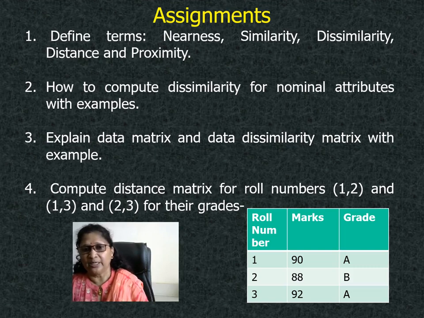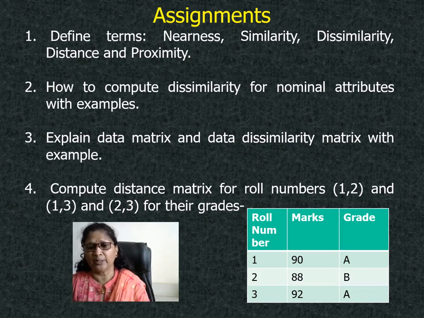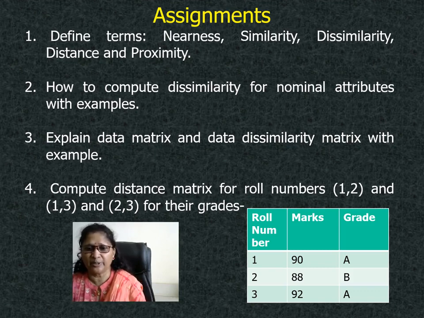How we compute dissimilarity of nominal attributes, you have to explain with examples. Two commonly used data structures, data matrix and dissimilarity matrix, you also have to explain with examples. And given this particular table of roll numbers and their marks and grades, you have to compute the distance between them with respect to grades.